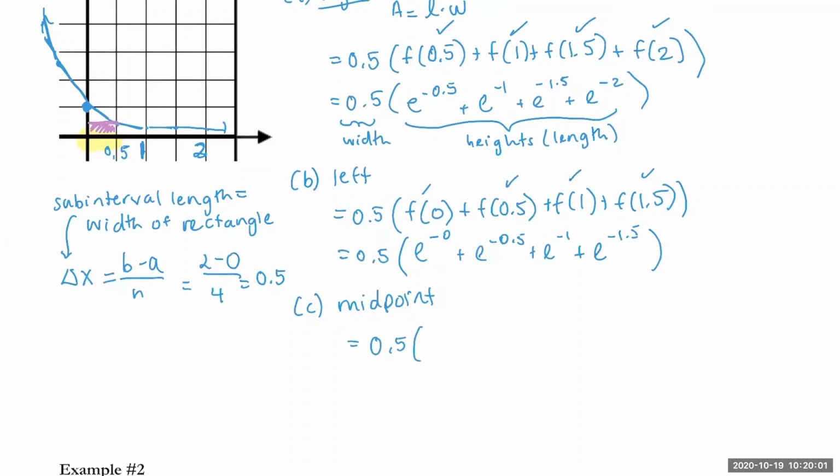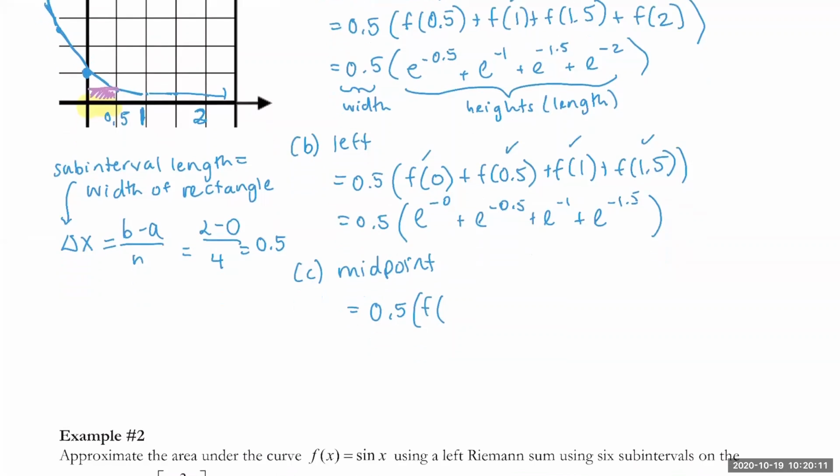What do you think the first height of your function is? F of what would be the midpoint of your first subinterval? Good. Those of you typing it out, very nice. Okay, so f of 0.25, and then jump by 0.5s from there.